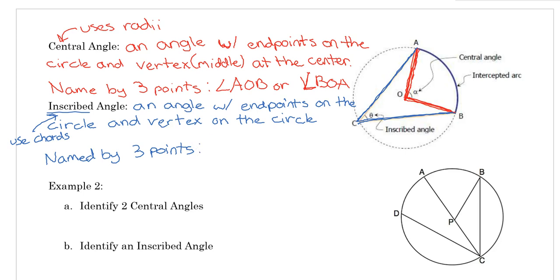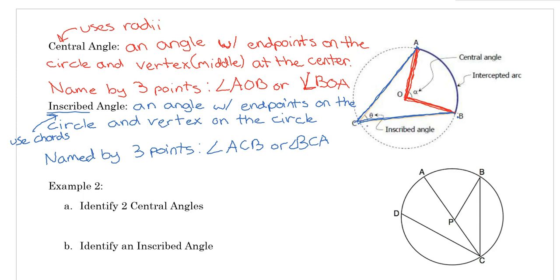For example here, we had A to C to B, or I could flip it and go B to C to A. I cannot do C, A to B, because there's no line between A and B. So be careful that while you can reverse it, you can't change the order.